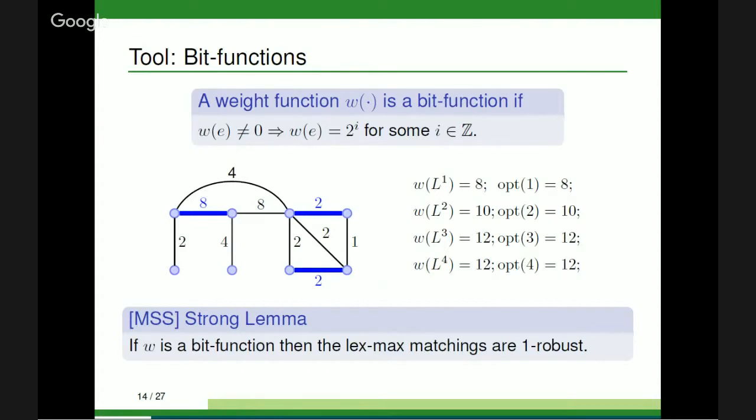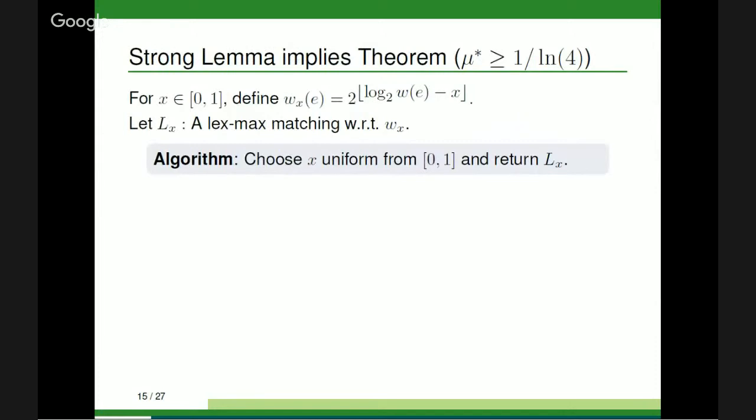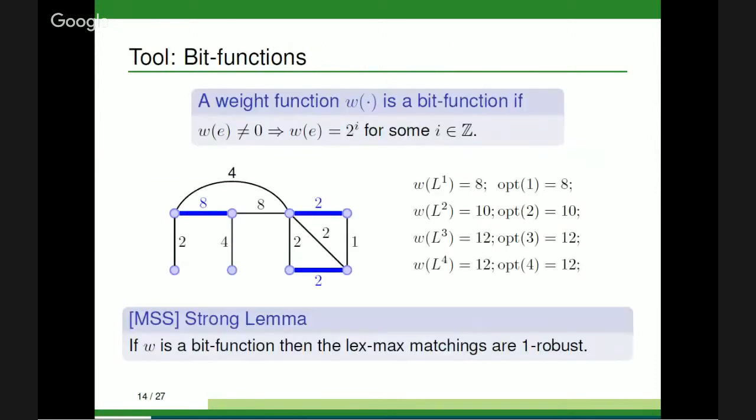Okay, so that's the main lemma that we're going to use, and this lemma is not hard to prove, so I will try to do it. But first, let me tell you why this lemma is interesting, because for us, this lemma implies the theorem.